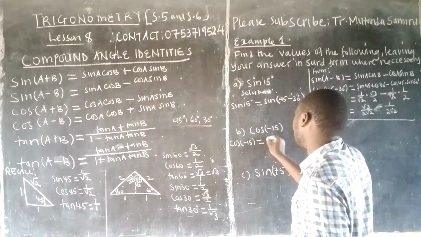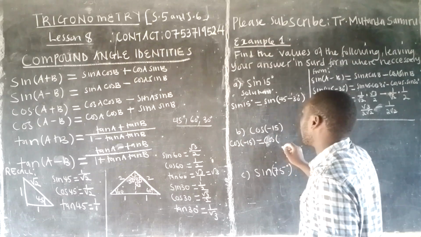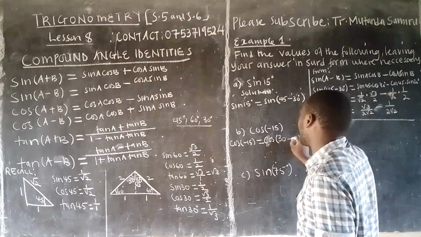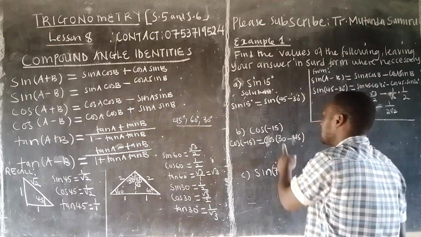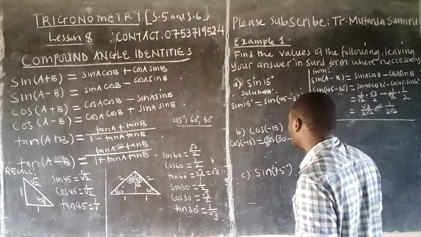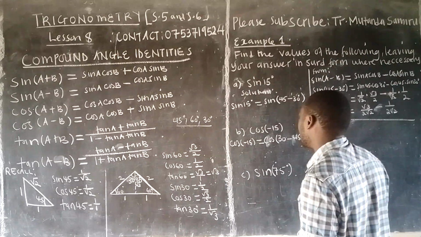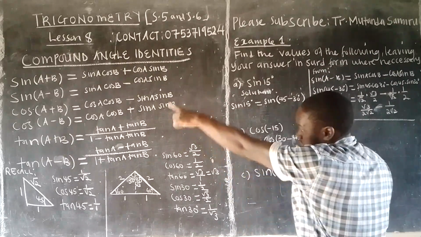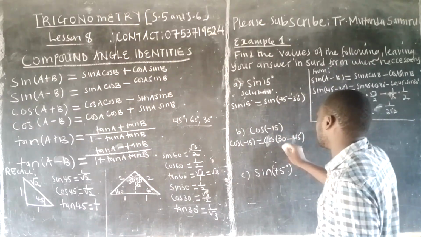We realize that we shall have cos of 30 minus 45. You see that this minus this gives you that. And that will imply that you're going to use those identities there. So we're going to say these are degrees.